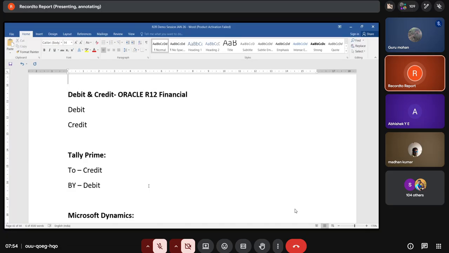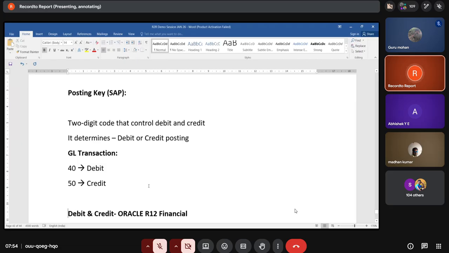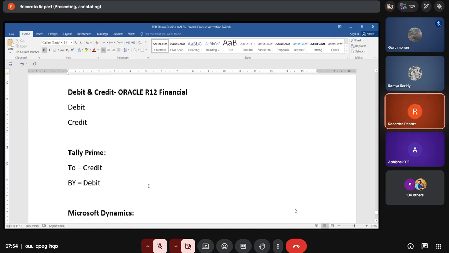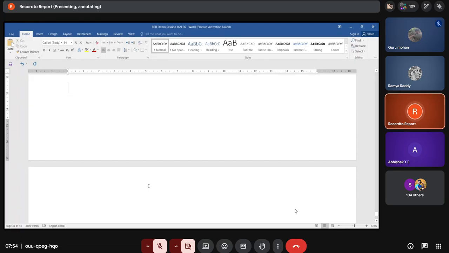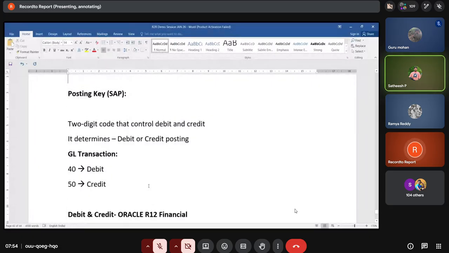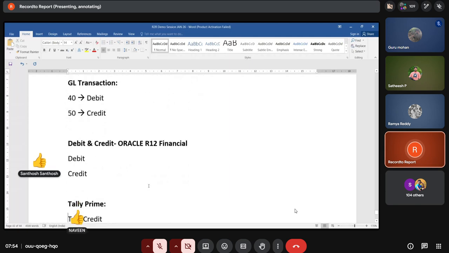In SAP, they will not call it debit and credit, they will call it 40 and 50. But in Oracle, debit and credit. In Tally, To indicates credit, By indicates debit. Microsoft Dynamics, DR and CR. Understand, guys? According to the software, it changes.